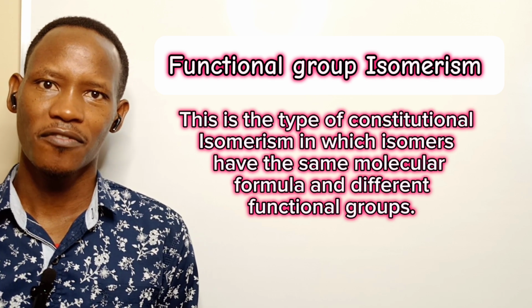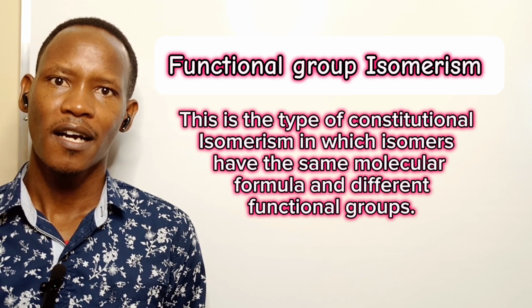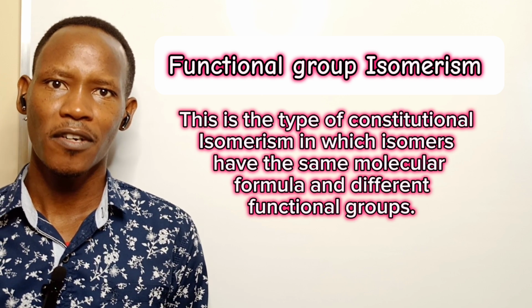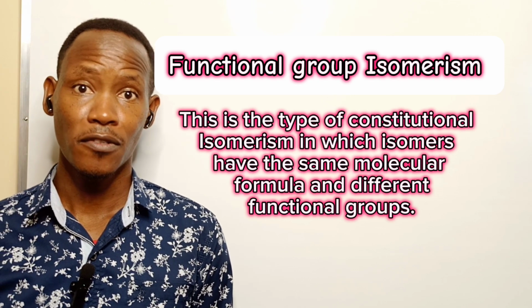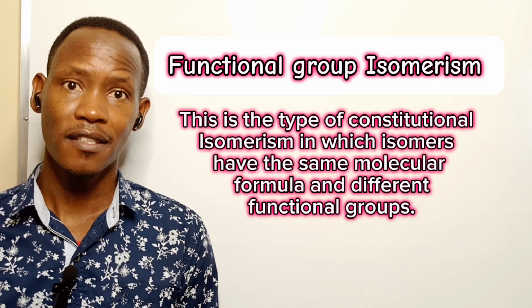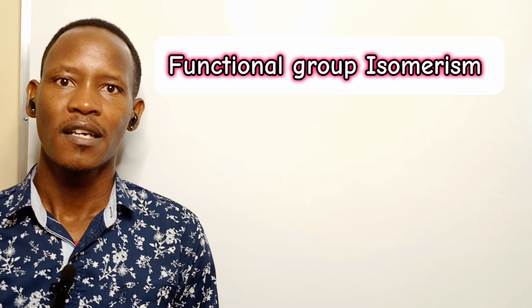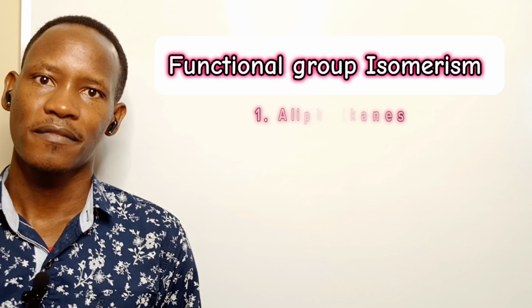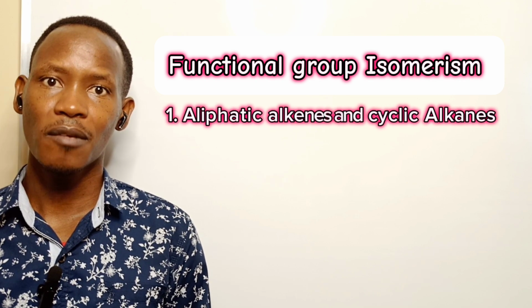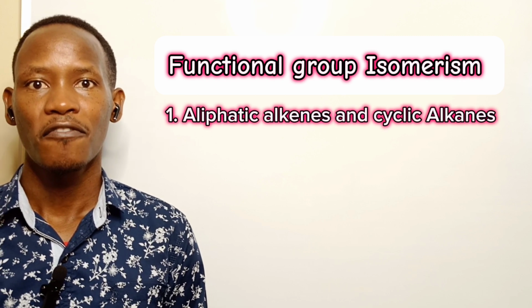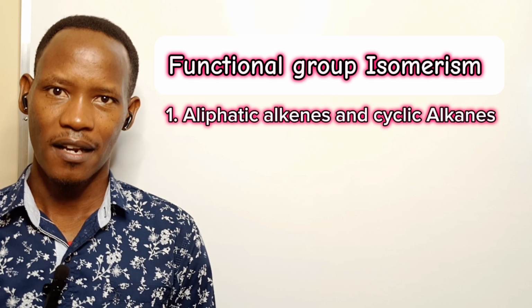Now, we need to be very careful since not all organic compounds can have exchangeable functional groups. To illustrate, I will mention a few of the functional groups that can be exchangeable with each other. The first that we have is that aliphatic alkenes, whose trademark is the carbon-to-carbon double bond, are functional group isomers with cyclic alkanes.